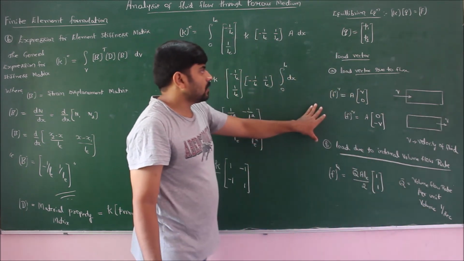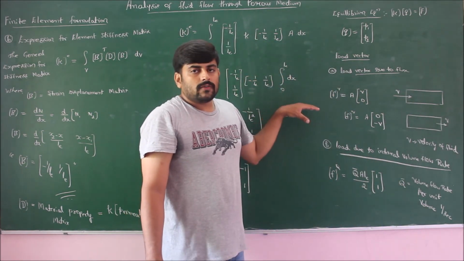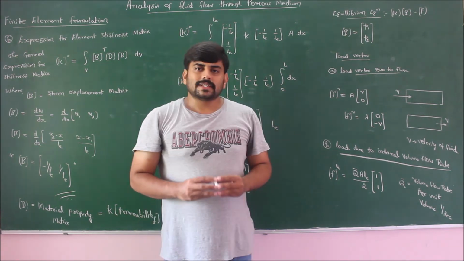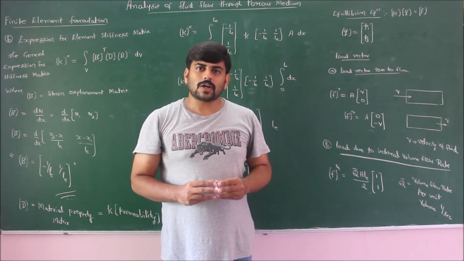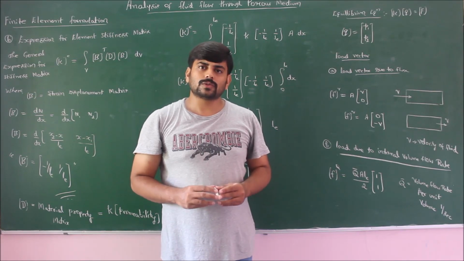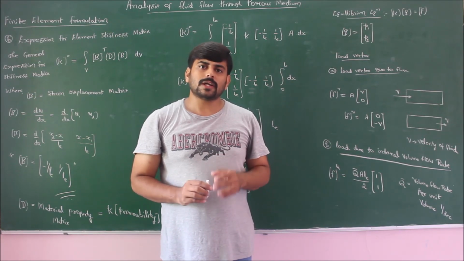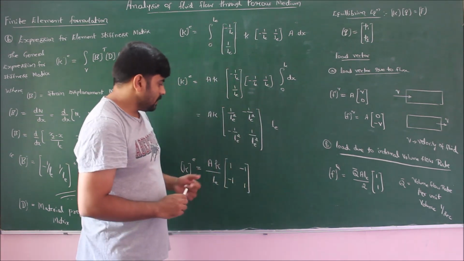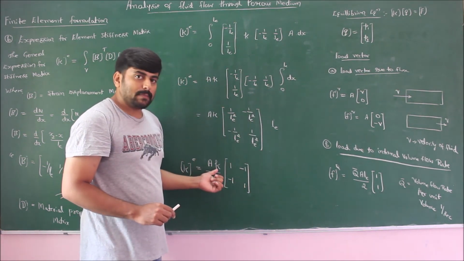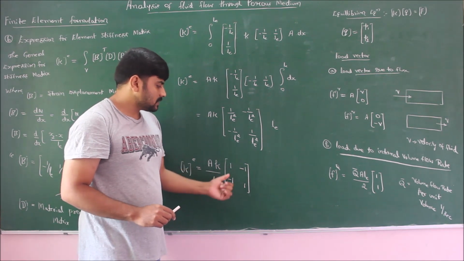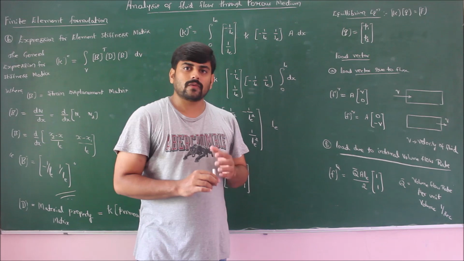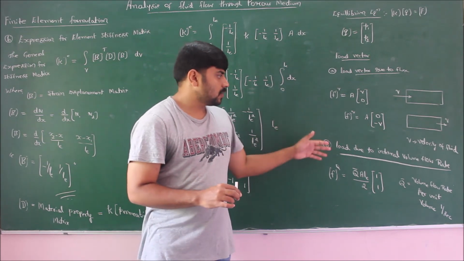So for any problem in fluid flow analysis in a porous medium, one should check for these two load vectors. With this knowledge, we can solve problems on analysis of fluid flow through porous medium. The important points to be remembered are the element stiffness matrix, which is given by cross sectional area times the permeability divided by length times [1 minus 1; minus 1 1], the nodal variables which are nothing but velocity potentials, and the load vectors.